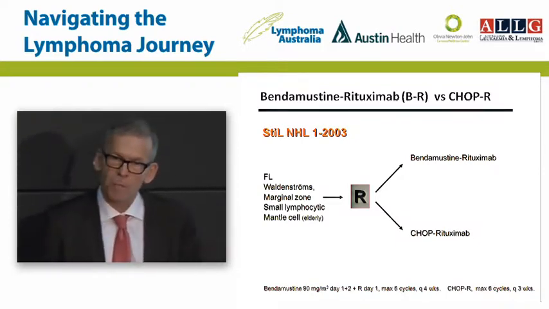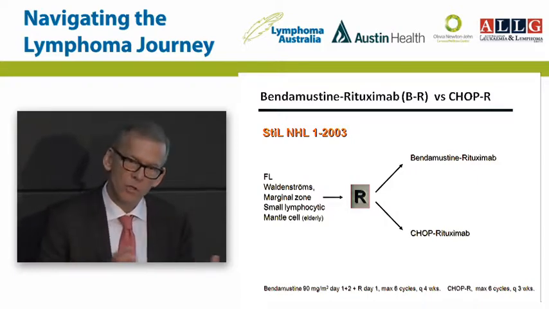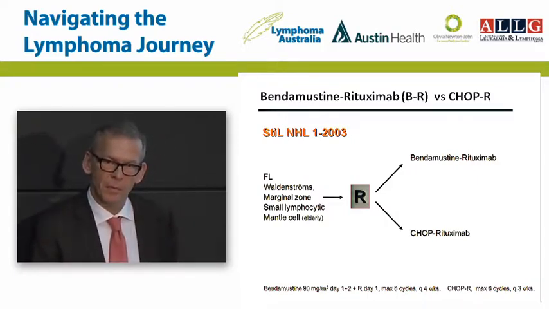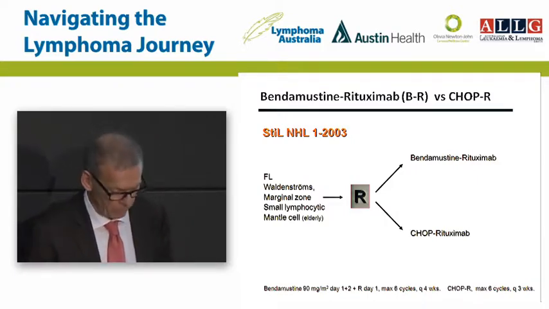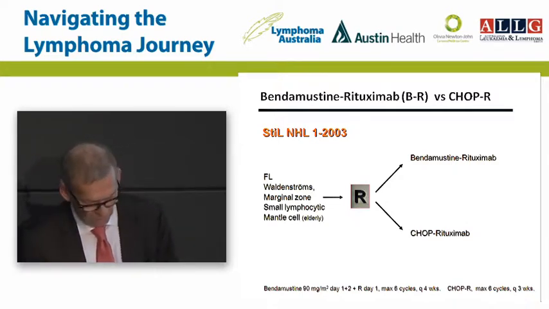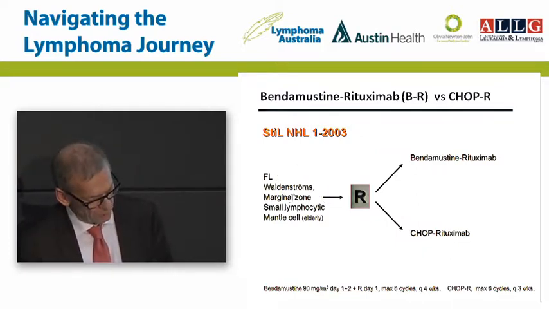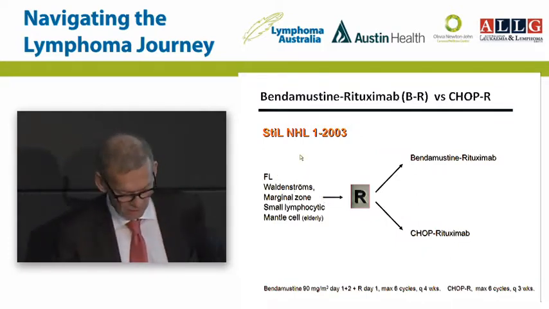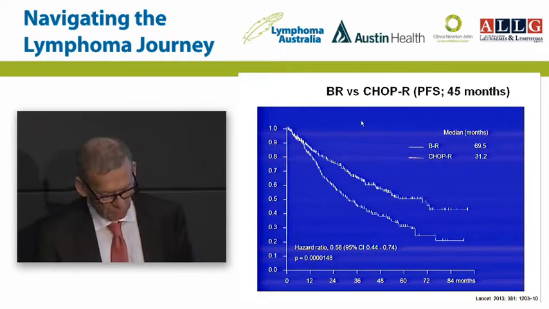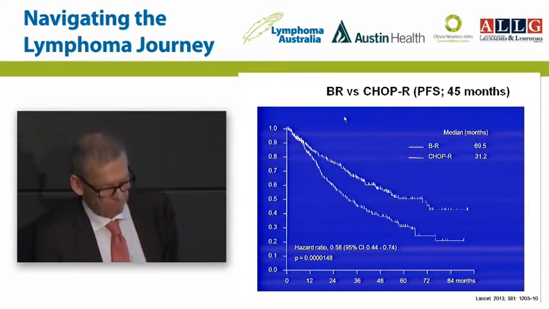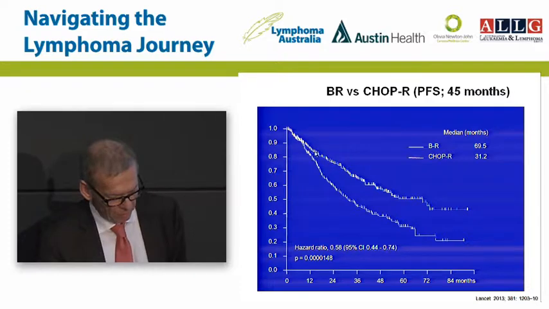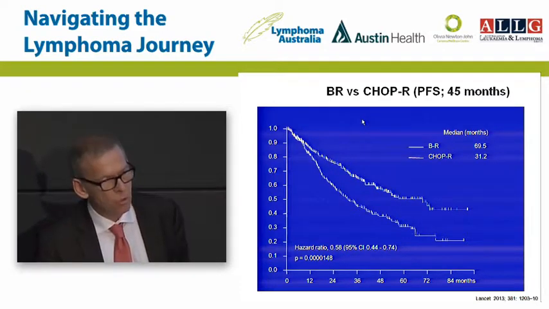And this drug was compared with this CHOP chemotherapy, so bendamustine, that's the name of the drug, compared with CHOP. And that's, again, a clinical trial, and they included not only follicular lymphoma, but also other rather similar diseases. And that's the curve. This is, again, a survival curve with many, many patients seen on this slide, and that's the tumor control.